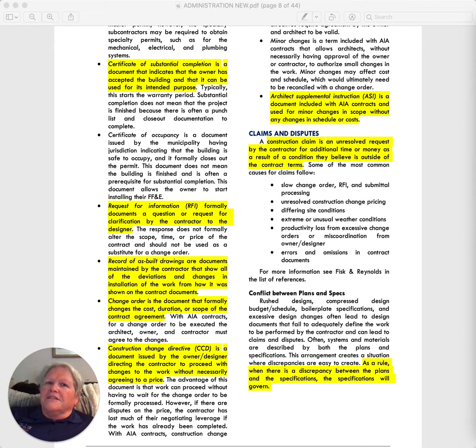I think that is people taking latitude with the definition. For the purpose of your preparation for the exam, I would definitely specify, if it comes up on the exam, that it is without any changes of schedule or cost in it.